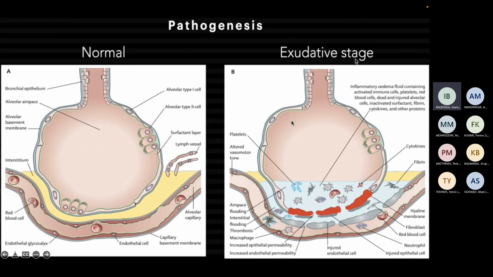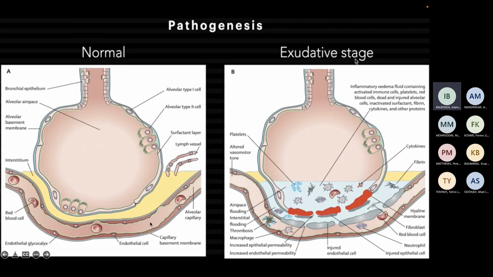How does this happen? On the left side of the screen, you can see the alveoli outlined by type 1 and type 2 alveolar cells. This is the interstitial space, and this is the blood vessel outlined by endothelium.